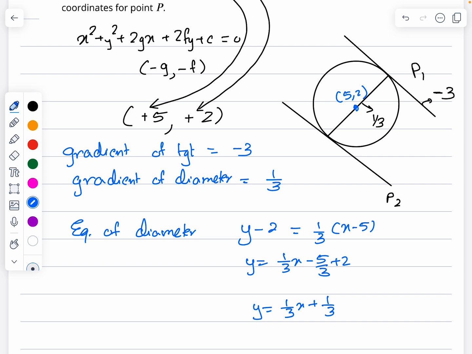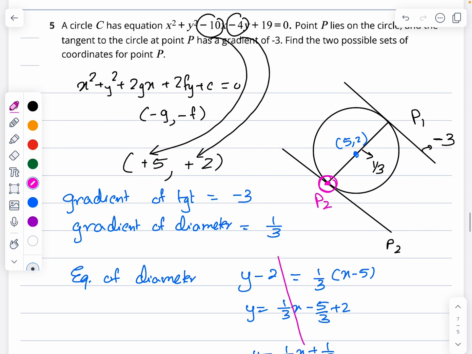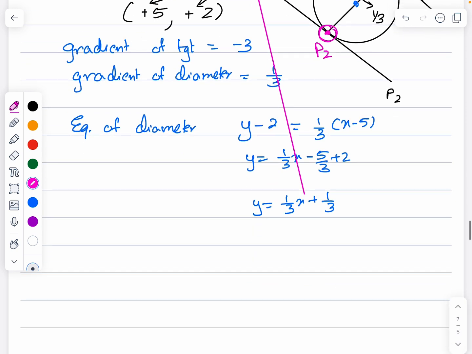This equation of the diameter will intersect the circle at another point P2. So we have to find another point P2. So what am I going to do? Plug in this equation of the diameter in the equation of the circle. So I get x square plus y square.